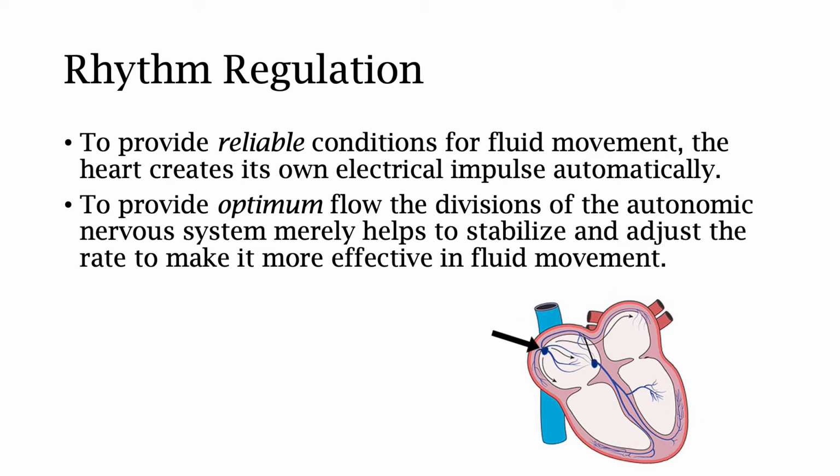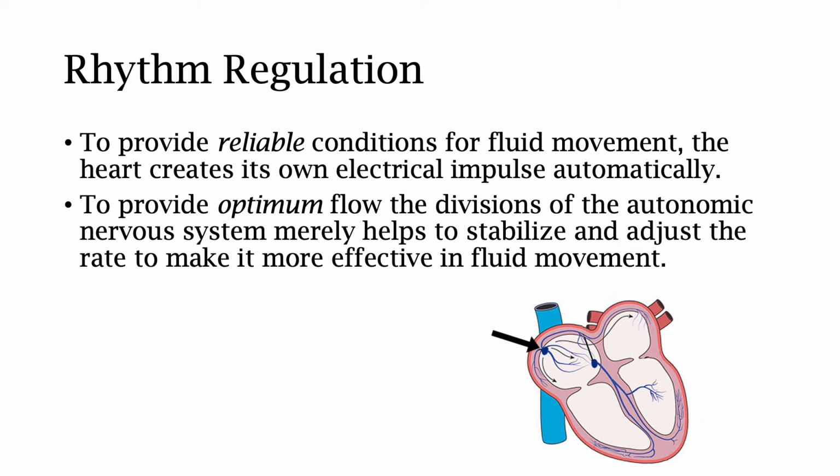And then for its regulation based on outside stimuli, it uses the autonomic nervous systems to stabilize the beating to make the mechanical flow and movement most efficient. So we have the heart making its own electrical impulse so that it's incredibly reliable.